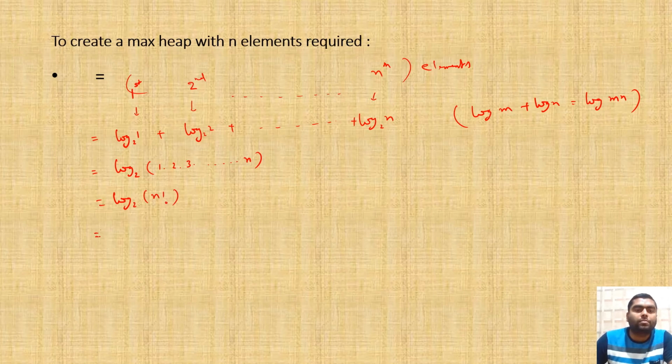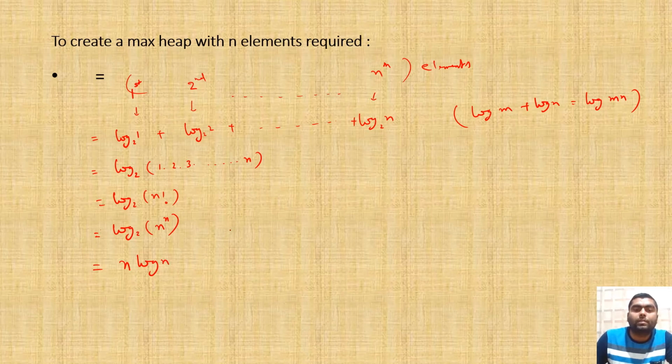So what is n factorial? n factorial means n raised to the power n, because in the worst case, I think you are getting this. In time complexity analysis, factorial means n raised to the power n in the worst case, so this is n raised to the power n, and finally you will get n log n.